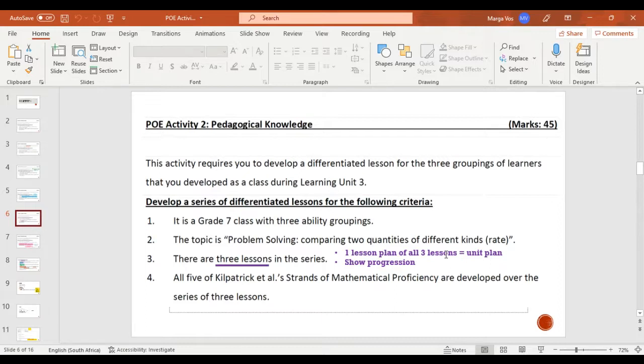Within those 3 lessons, which are all developed and created on 1 lesson plan, it has to show progression. From your intro to your teaching and learning phase to your closure phase, you need to show the progression in the unit plan.